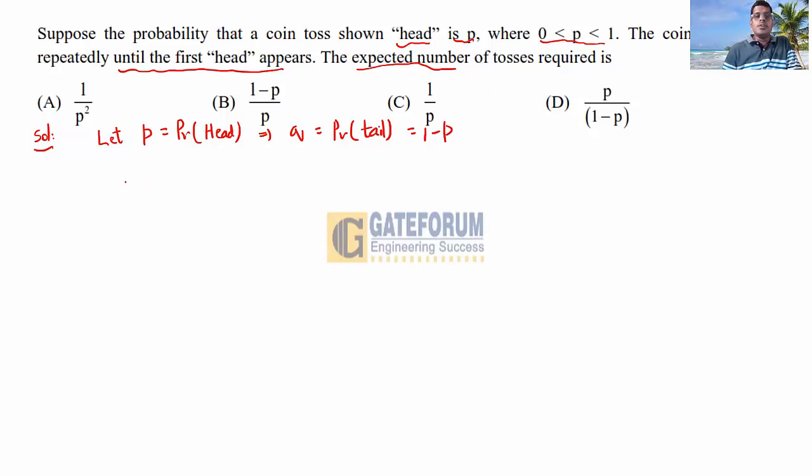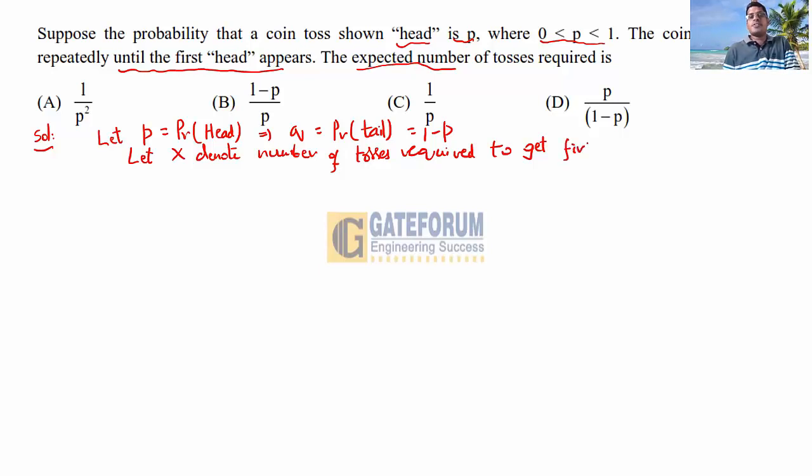Now, this is a random variables related chapter. So this question is from engineering mathematics, from the topic probability and statistics, random variables subtopic. Let X denote number of tosses required to get first head.